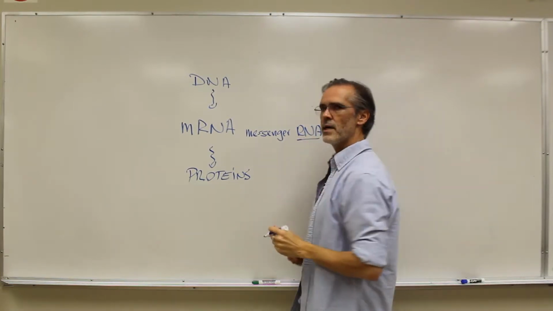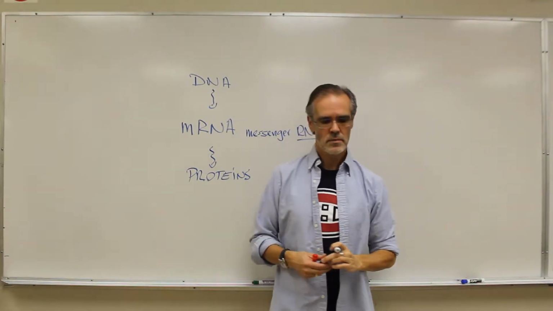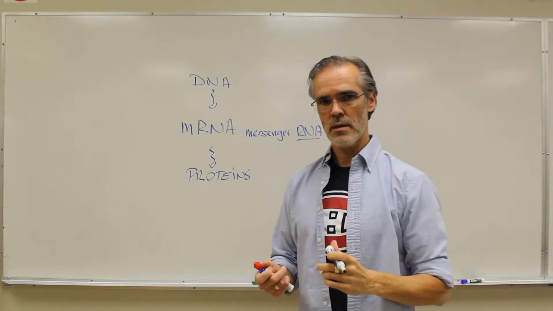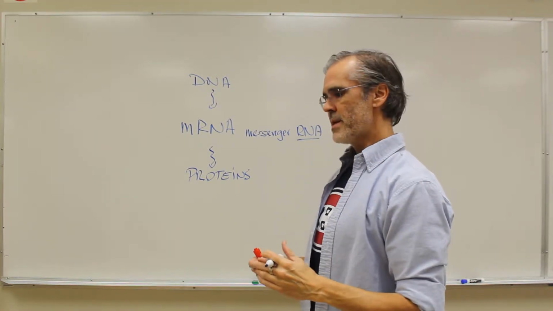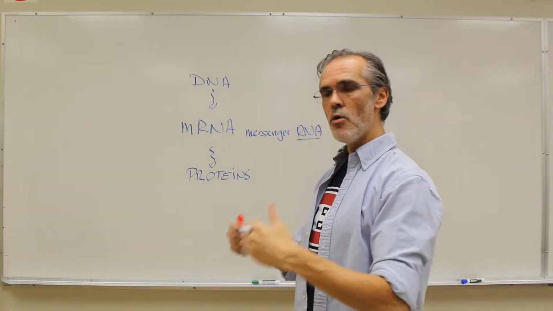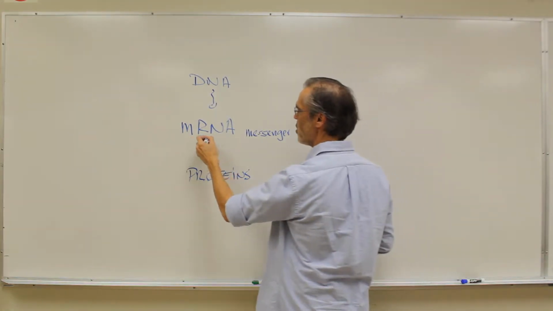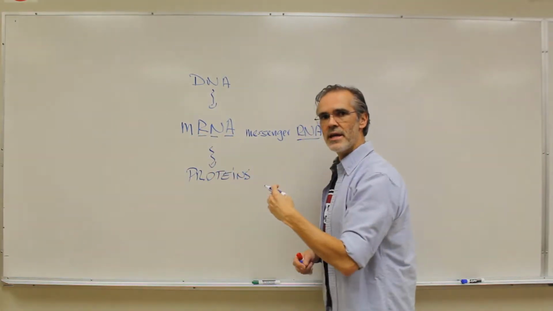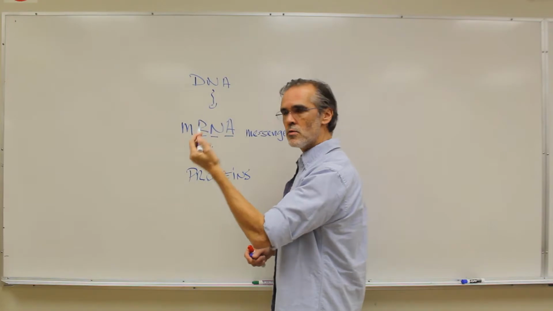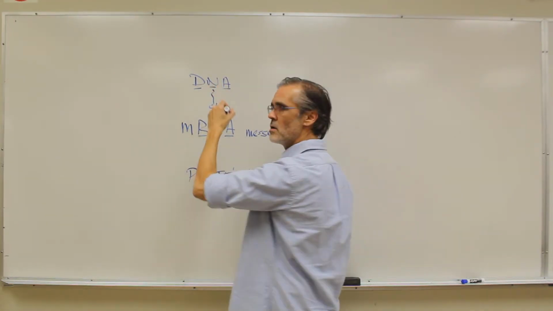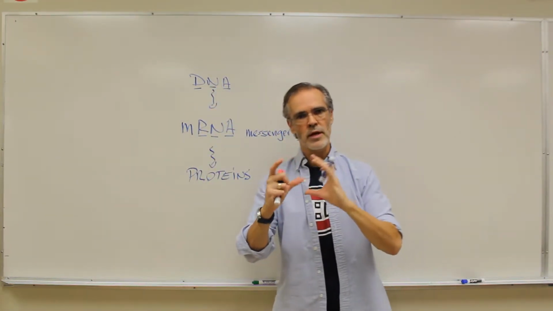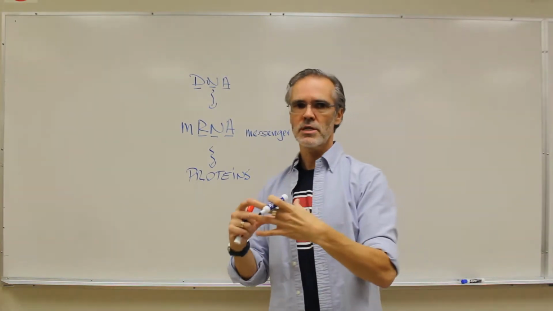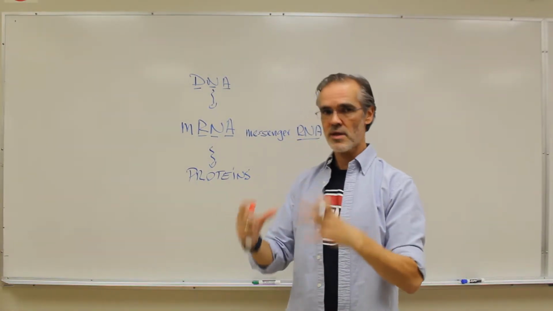And RNA is another type of nucleic acid that is related to DNA. But one is ribonucleic acid, and DNA is deoxyribonucleic acid. So basically, it's just a little bit of a transformation on each of the nucleotides. They look very much the same.